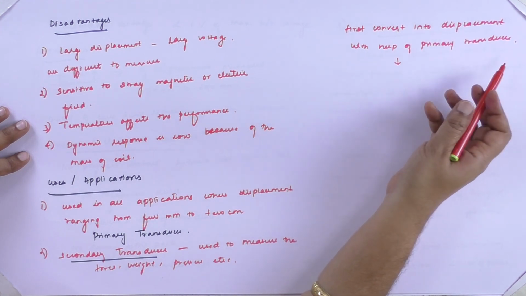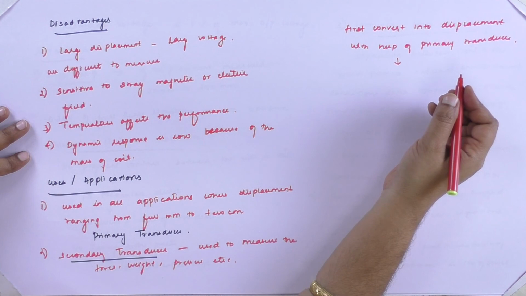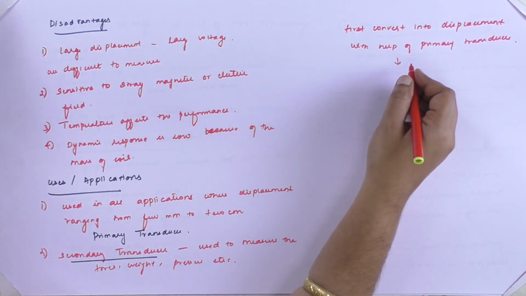Second, this displacement will be converted into an electrical signal with the help of LVDT. So it acts as a secondary transducer.